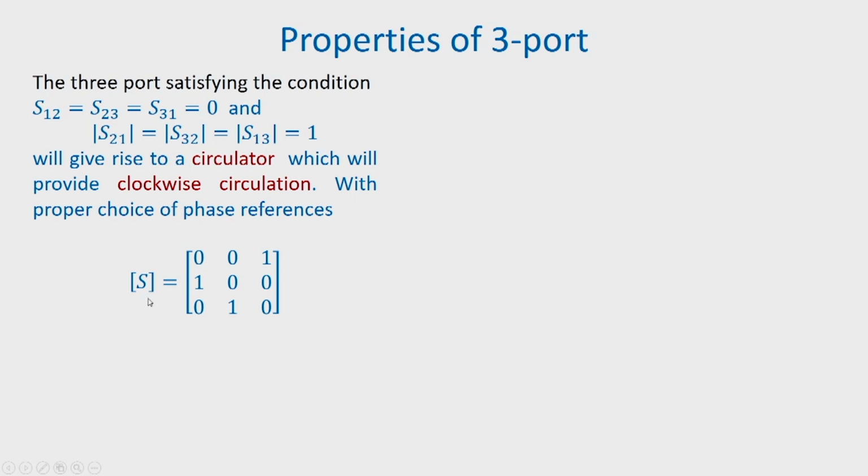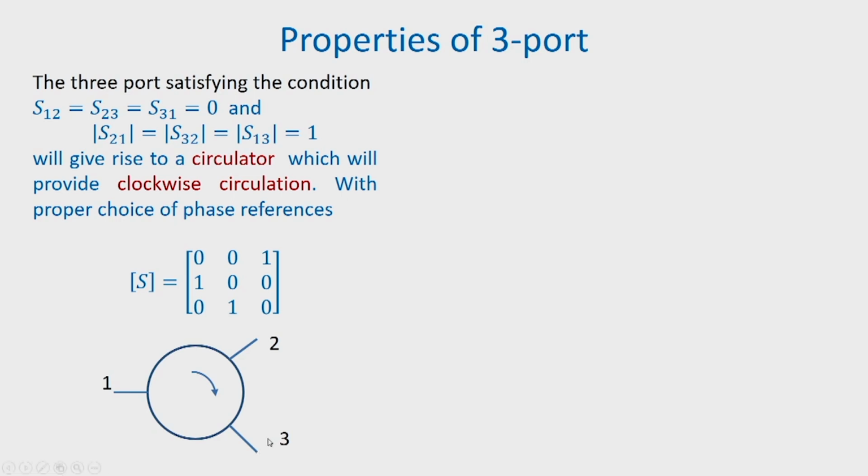Here this matrix S essentially represents a circulator which is shown here. So, when you excite port 1, it goes to port 2, not to port 3, and you can see that S21 is 1. Similarly, when a signal is incident at port 2, then it goes to port 3, not to port 1, and therefore, we have S32 equal to 1.